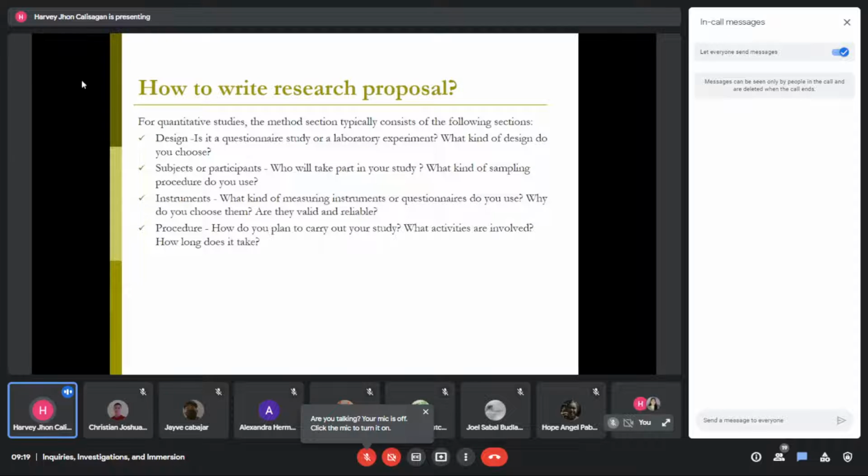For the instrument, what kind of instruments are you using? Is it a questionnaire, survey, interview? Are you randomly inviting people to create a forum on what your study is all about, explaining to them what your research is about? And are they valid and reliable? Sir, when can we say that our instrument is valid or reliable?